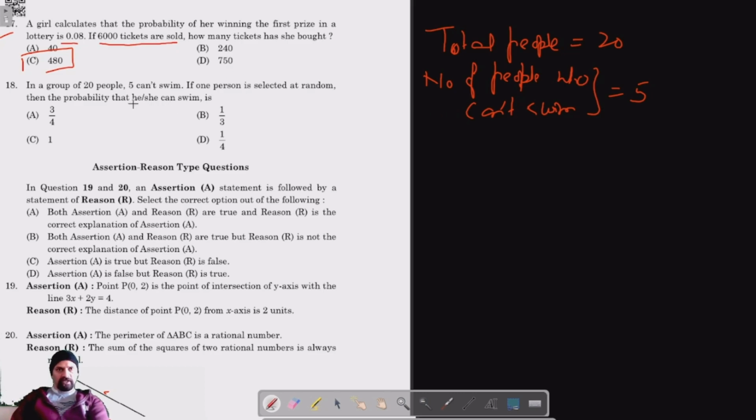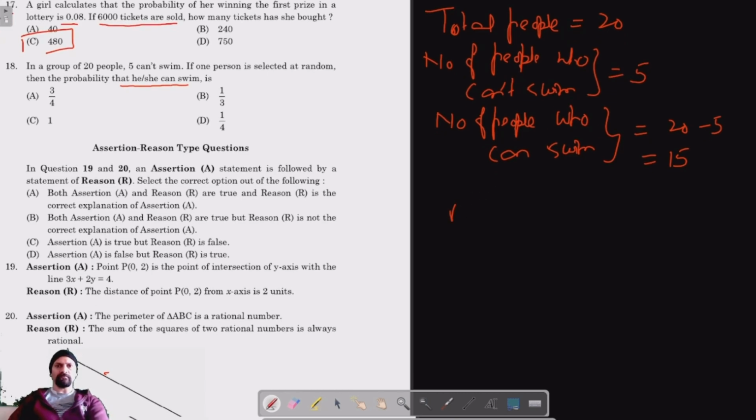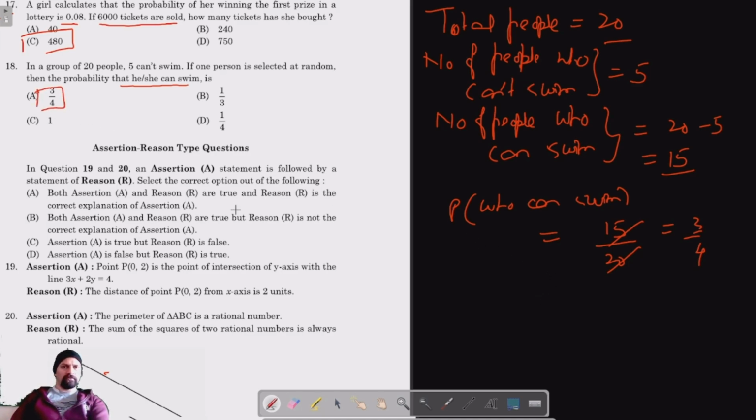Now it's asked to find the probability that he or she can swim. So the number of people who can swim is equal to 20 minus 5, which is 15. And the probability who can swim is equal to number of people who can swim divided by the total people, that is 20. So this is 3 by 4. So option A is the correct answer.